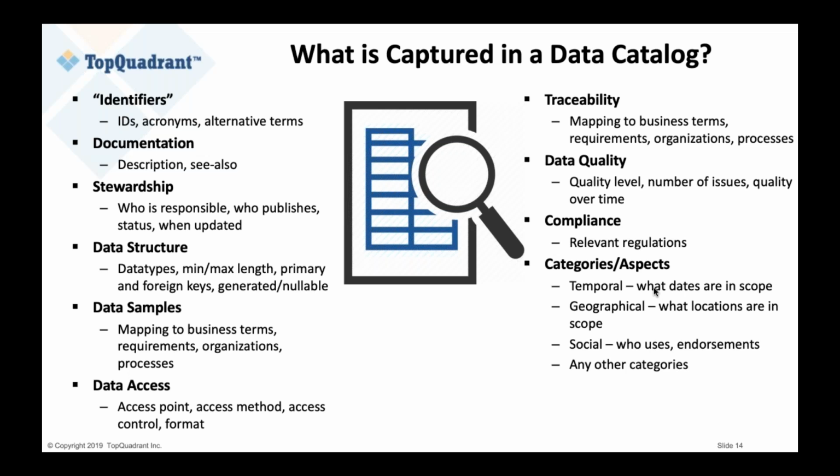Social aspect could have been put into a category actually outside of it, because it's again information about who uses it and any kind of endorsements that the users could give to a data source, and even just the information on how many people have accessed it, how many people have downloaded it, determines how popular a data source is.